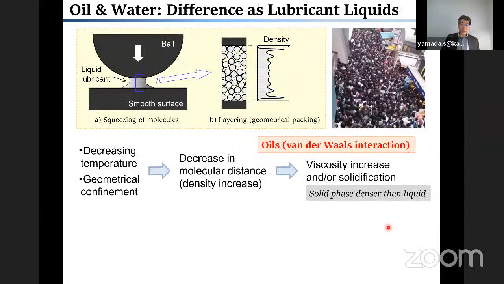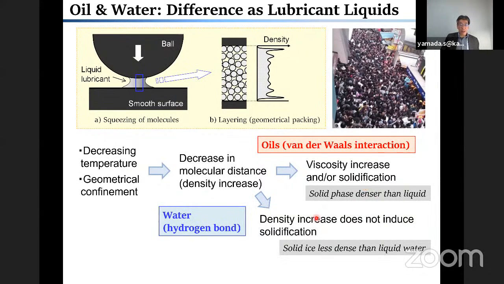As lubricant liquids, oil and water are totally different from each other. As I already described, as regards oil, decreasing temperature or geometrical confinement increases the density of the fluid, which results in the viscosity increase, and sometimes solidification of the system occurs for oil lubrication.